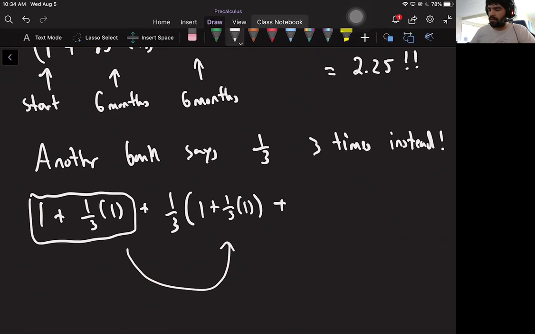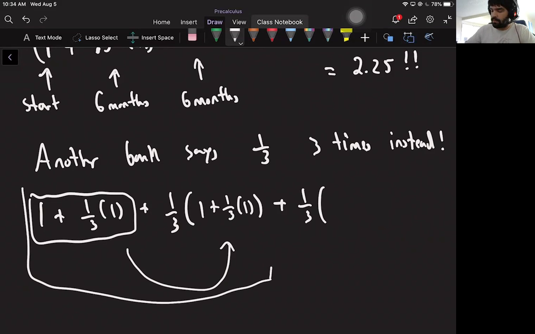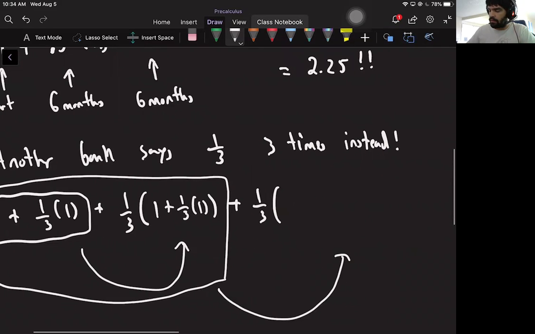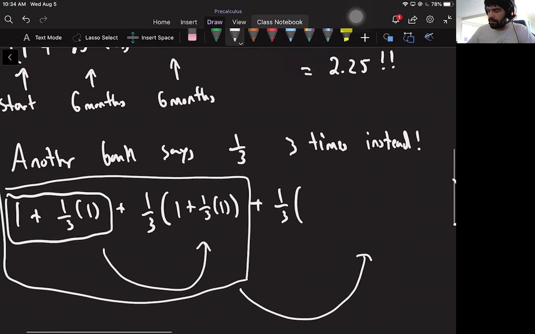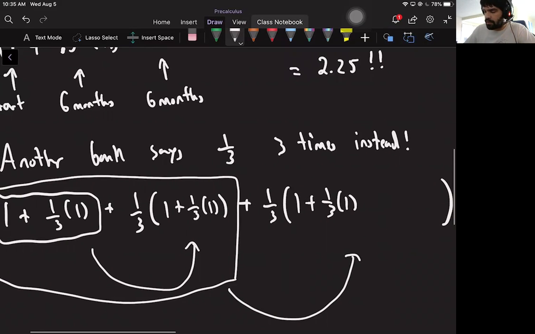But then on the next third, we get to do this 3 times. I get this whole amount in there. So I get to do a third of each previous amount. So it sort of looks like a whole bunch of stuff going on.